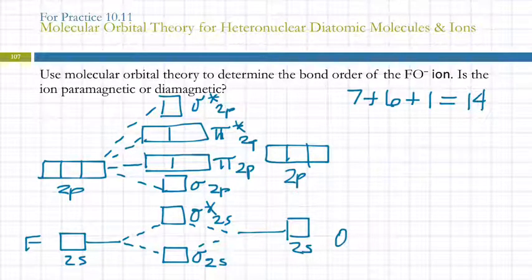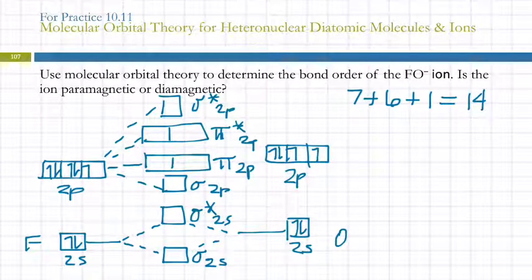So it doesn't matter exactly how you put them in for the atoms. Fluorine had 7: 1, 2, 3, 4, 5, 6, 7. Oxygen had 6: 1, 2, 3, 4, 5, 6.